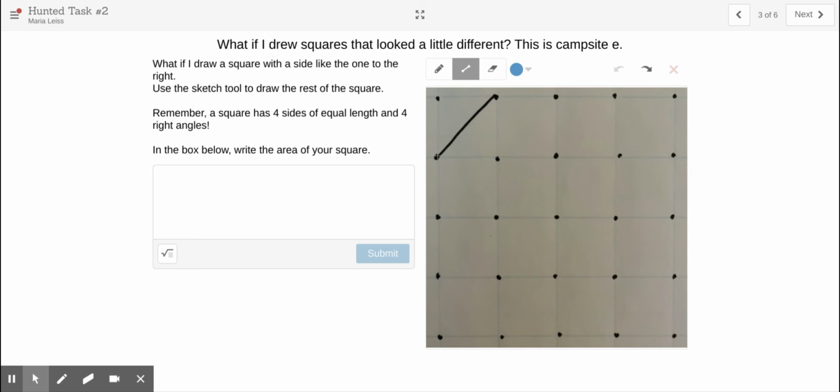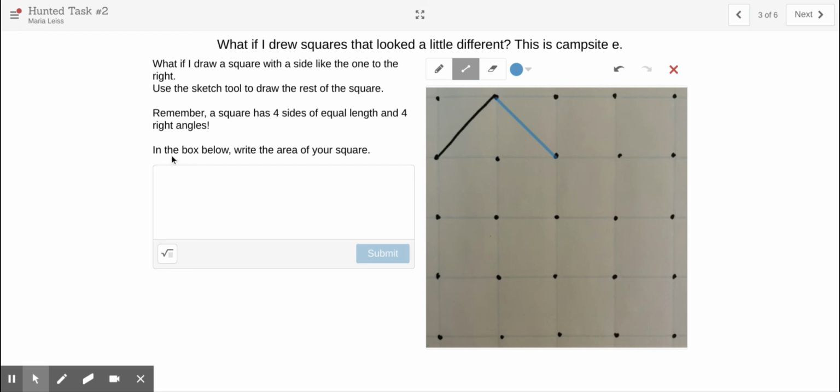Here's the first one. Campsite E has a dot. Instead of going straight down, now I'm going diagonal. Can you figure out where the rest of the square would be if the line looked like this? Where might the next side go? Yeah, it's going to go here, and then finish the square. Remember, squares have to have 4 congruent sides and 4 right angles.